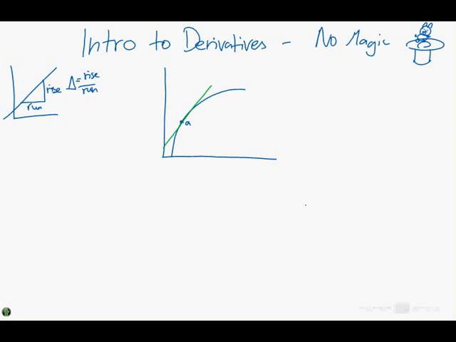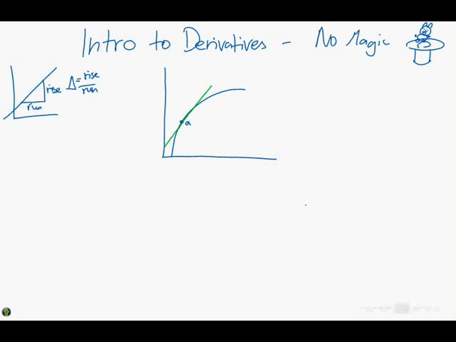But at this point, the gradient is that. They happen to be different. And so the gradient keeps changing. So how do you find a gradient just at that particular point? Let me draw this line in again.